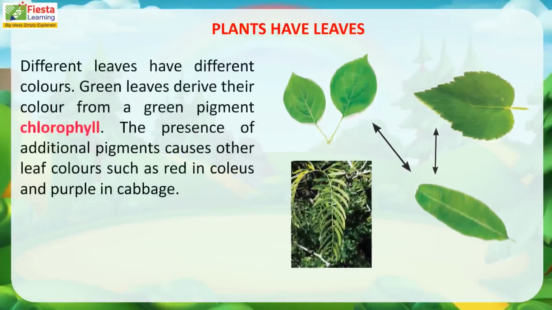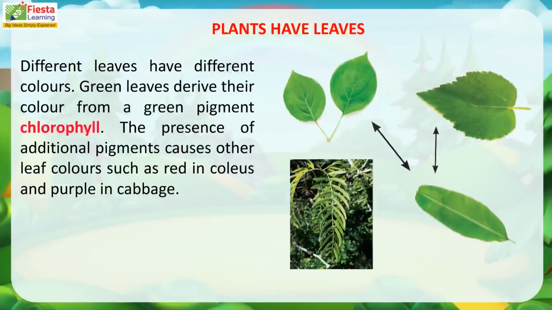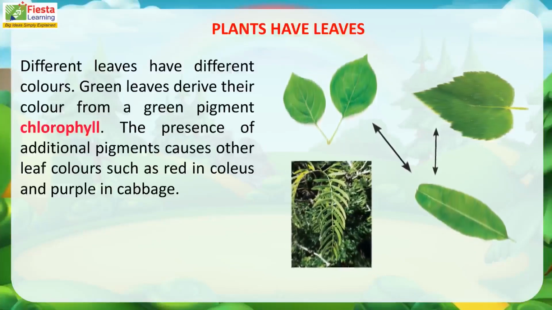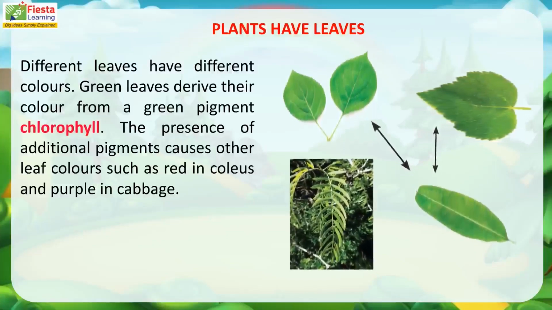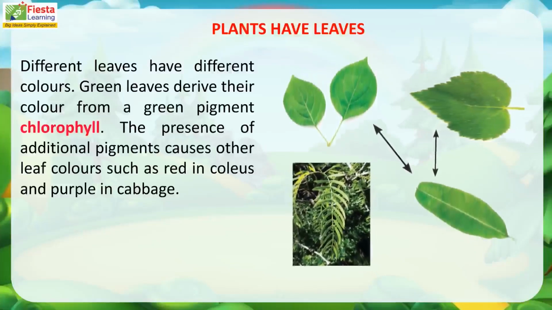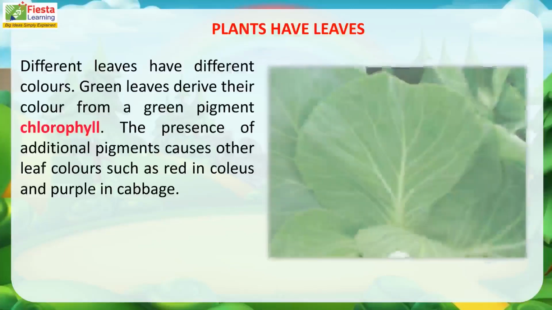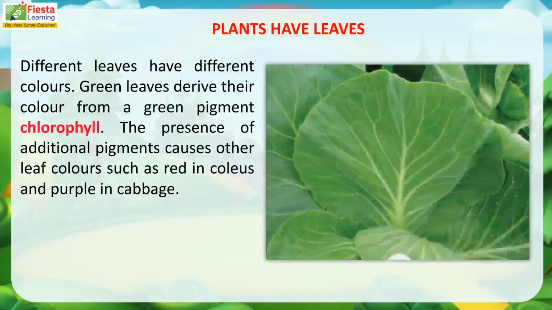Different leaves have different colors. Green leaves derive their color from a green pigment, chlorophyll. The presence of additional pigments causes other leaf colors, such as red in coleus and purple in cabbage.